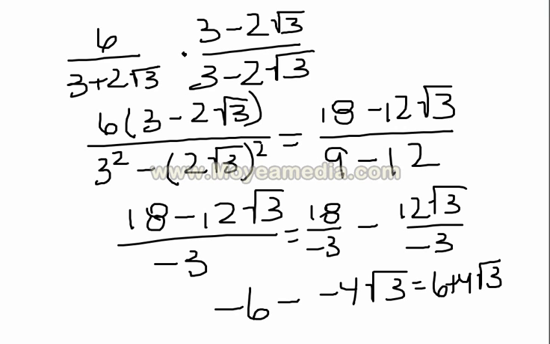So let's try another one of those. What if I have 3 over √5 − 2? I need to multiply by the conjugate of √5 − 2, and so that's going to be (√5 + 2) over (√5 + 2).